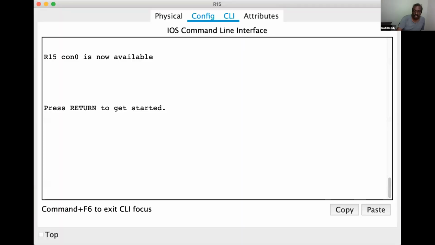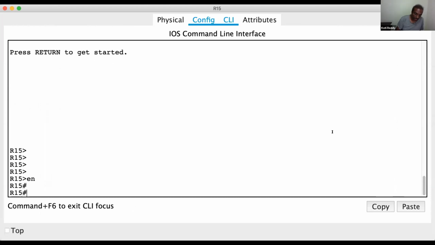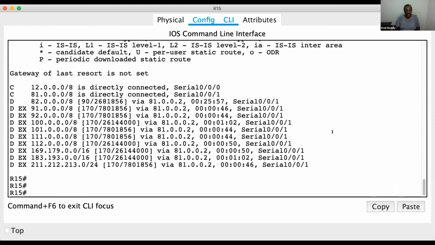In R15, I say enable. I say show IP route. I should see all these routes. I should see 80 series, 90 series, 100 series, 111 series, and also other network IDs, right? Fine.